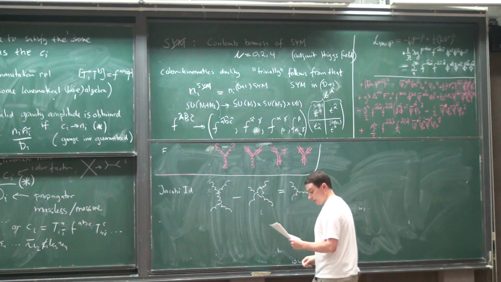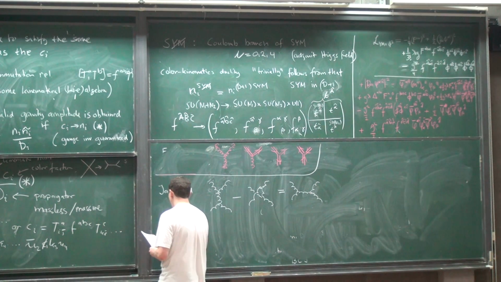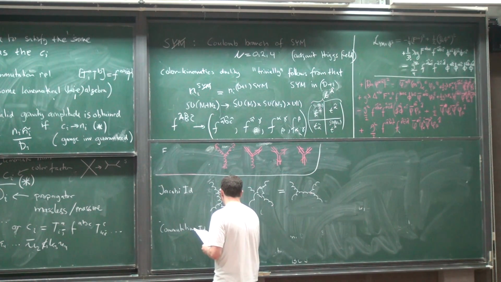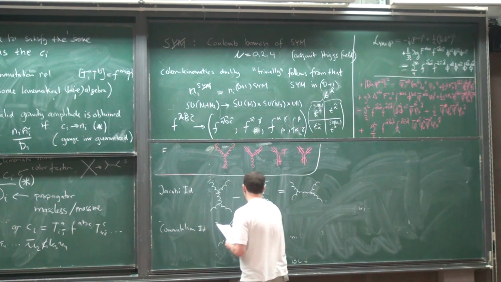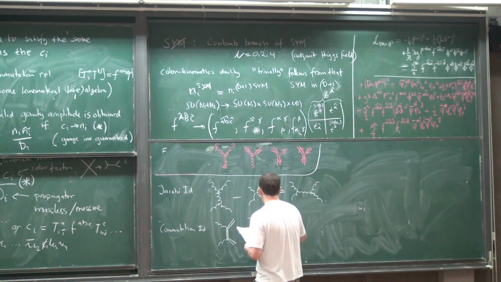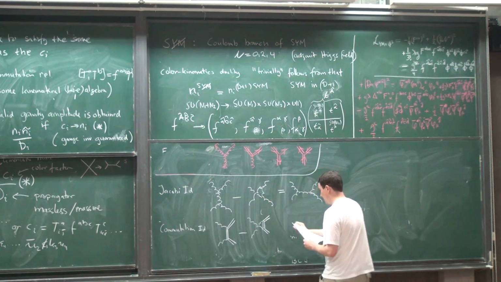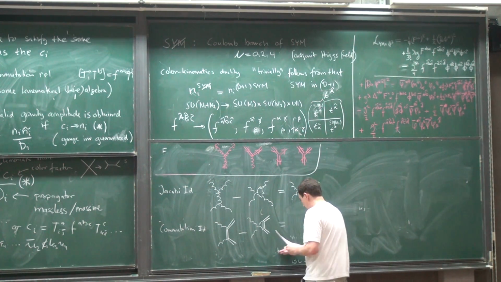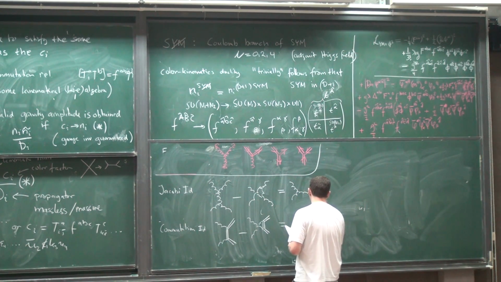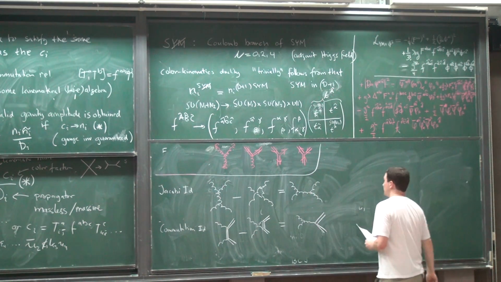So that's the ordinary Jacobi identity. Then there's a commutation identity. And there's some arrows, let me not worry about the arrows. So that's the commutation identity.